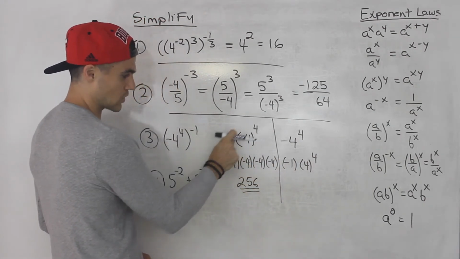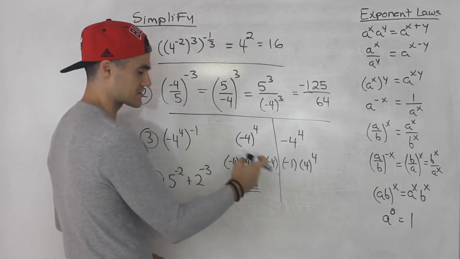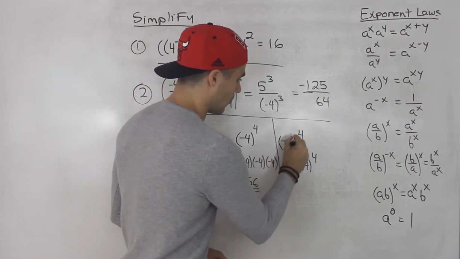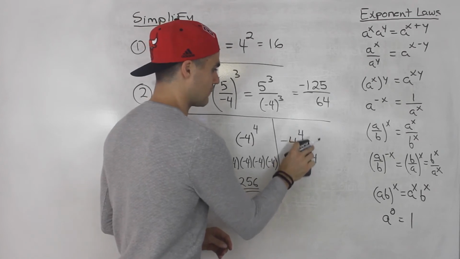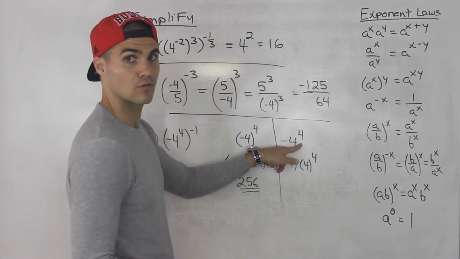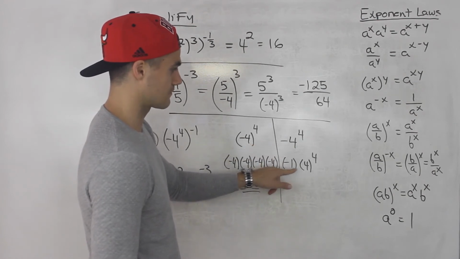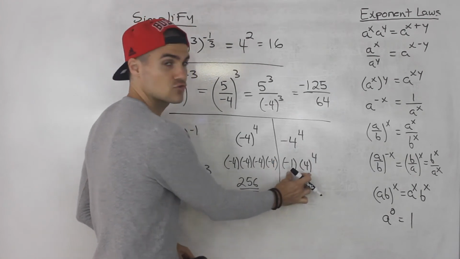Versus here, this whole negative 4 is to the power of 4, so we would multiply that expression in the brackets 4 times. But here, the whole negative 4 is not to the power of 4. It's only the 4 that's to the power of 4. So whenever you see something like this, you can just rewrite it like that.